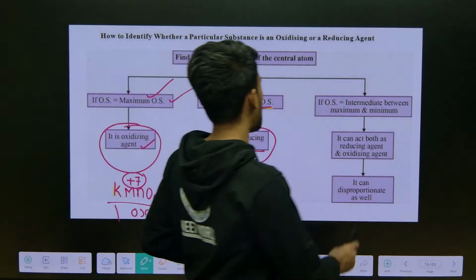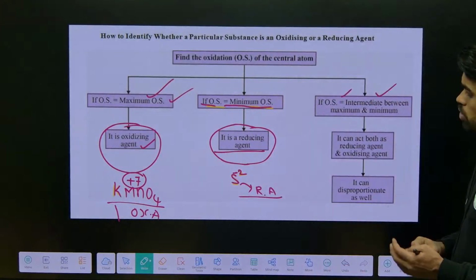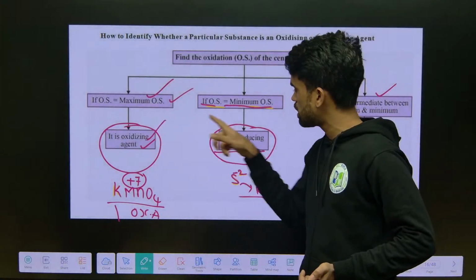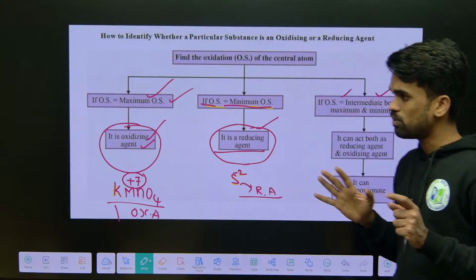But whenever the oxidation state is intermediate, you need to know what exactly an oxidizing and reducing agent is. I will define that.